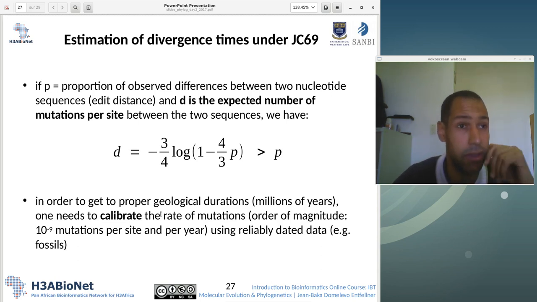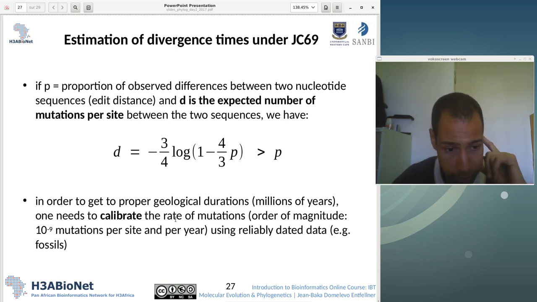And then if you expect that this mutation rate is constant throughout your phylogeny, then you can tag all the internal nodes of your phylogeny with actual dates.